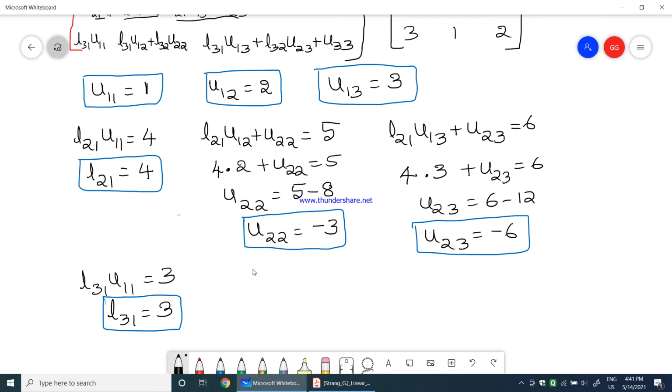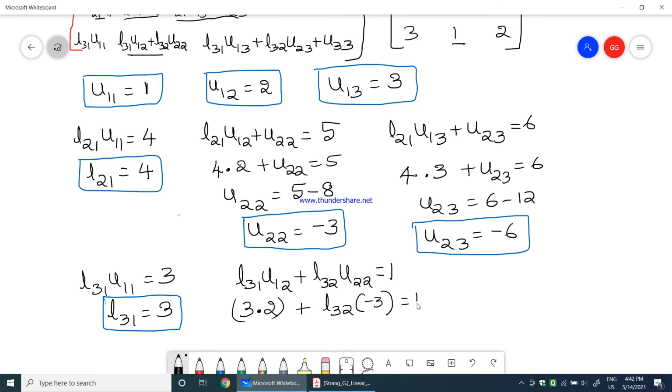Then equating this to this, L31 U12 plus L32 U22 equals 1. L31 is already found, which is 3, multiplied by U12, which is 2, plus L32, which we need to find out, multiplied by U22, which is minus 3, equals 1.